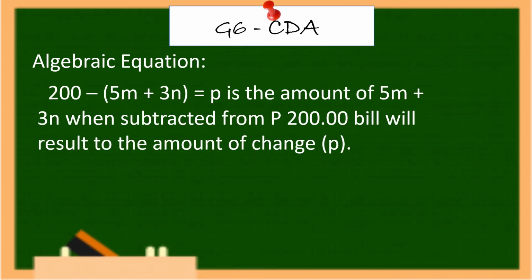Algebraic equation: 200 minus (5M plus 3N) is equal to P. When 5M plus 3N is subtracted from the 200 peso bill, it results in the amount of change, which is P.